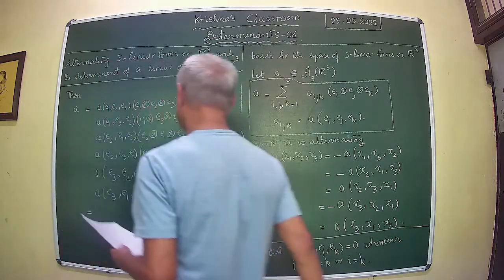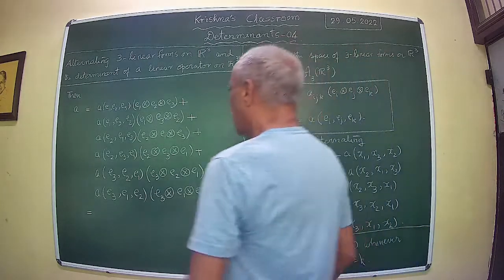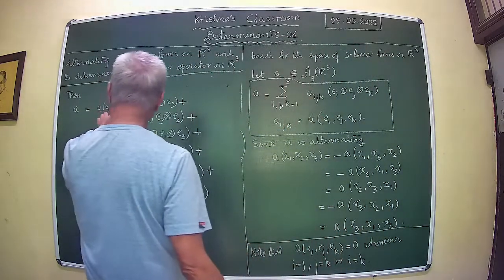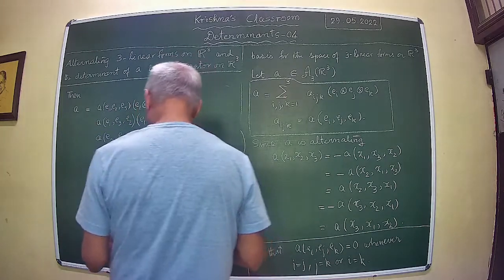Okay, this is it. Now we make use of the fact that A, E1, E2, E3 are connected to all these. Then you end up with the following.